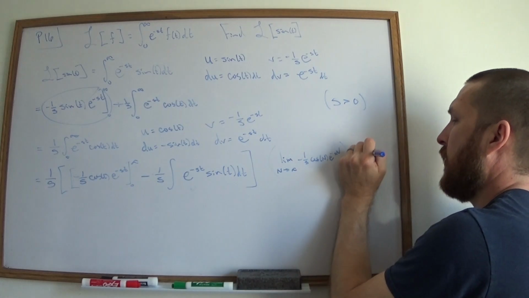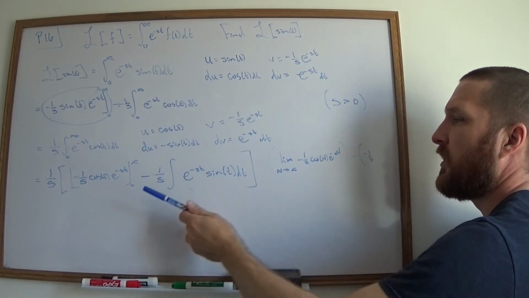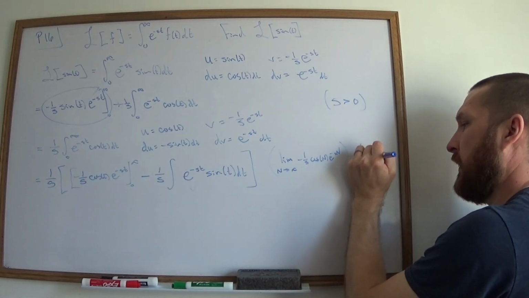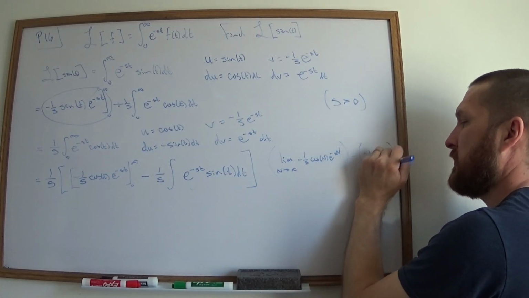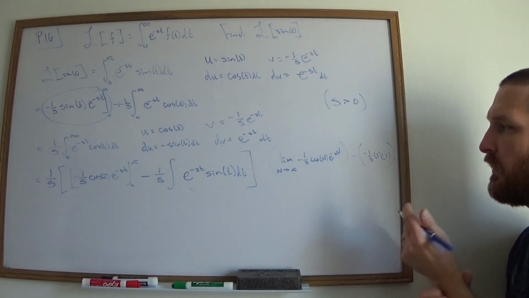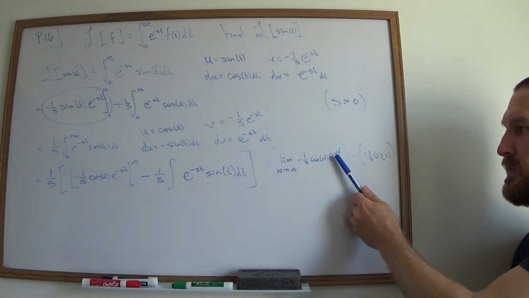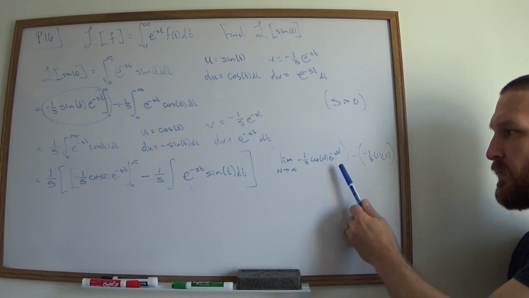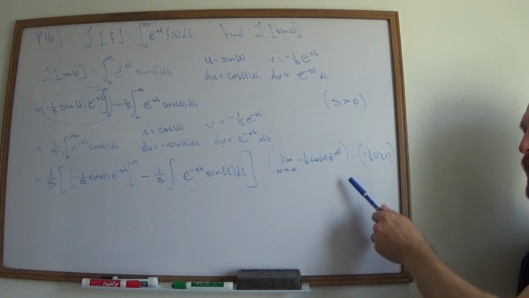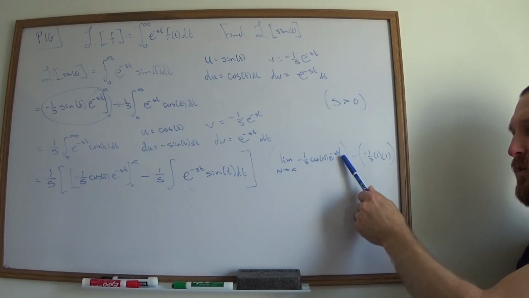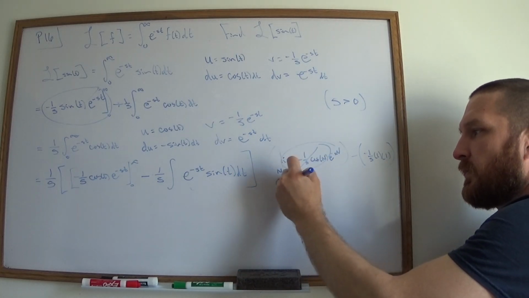So that's 1 minus s. Cosine 0 is 1. E to the 0 is also 1. So we got that. Now again, if s is positive, this right here goes to 0. Cosine keeps bouncing back and forth, but always between 1 and negative 1. And so then, since that guy's going to 0, this whole thing is going to go to 0.